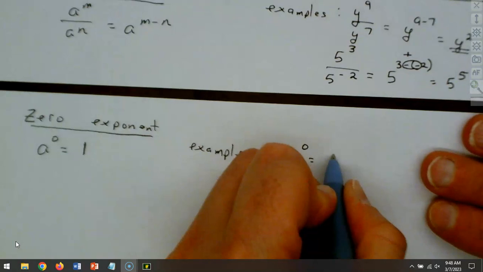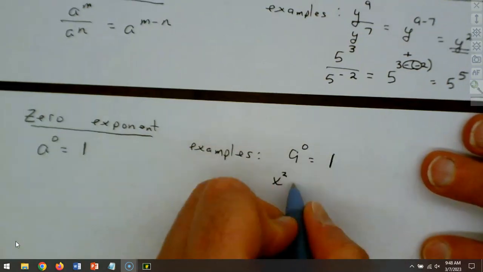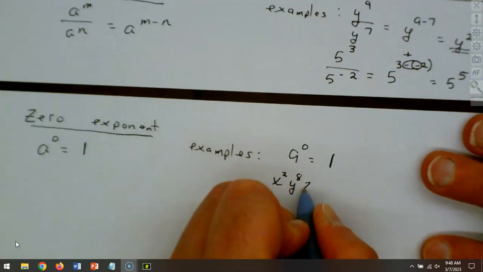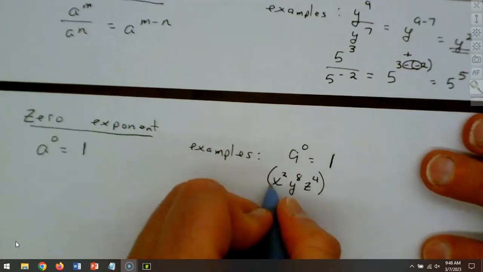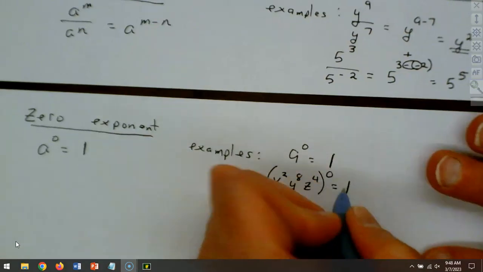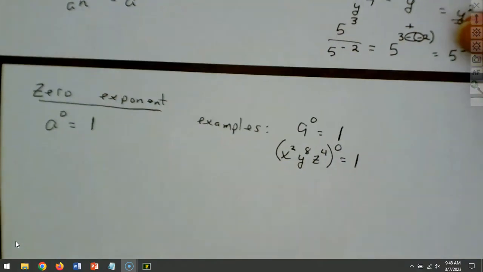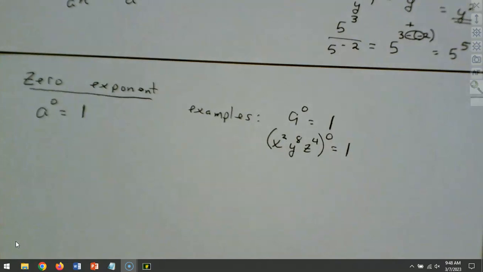Okay, 9 to the 0 power is 1. X squared, y to the 8th, z to the 4th, with parentheses, all raised to the 0 power is going to be what? 1. Okay, so exponents are a little bit different. When you raise something to the 0 power, it becomes 1.